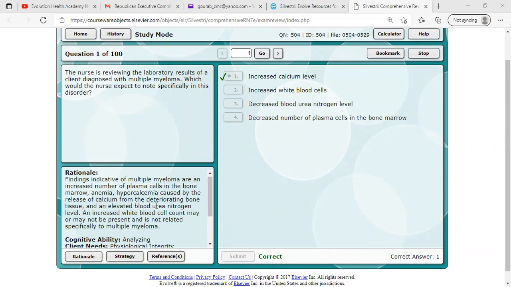The blood urea nitrogen level is elevated, not decreased, right? And an increased white blood cell count may or may not be present. Most significant sign and symptom: the patient develops hypercalcemia. So we choose increased calcium level.